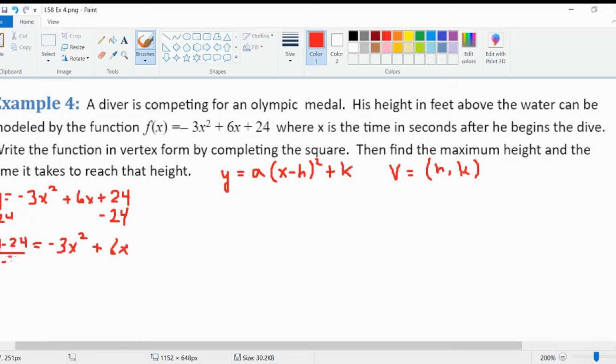So everything gets divided by negative 3 to make that a term 1. And now we're going to start seeing things familiar to what we saw in the previous problem. y doesn't divide by negative 3, so y over negative 3. Negative 24 does divide by negative 3, is 8. And that's going to equal x squared minus 2x.